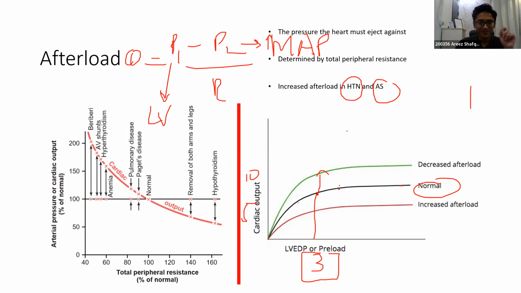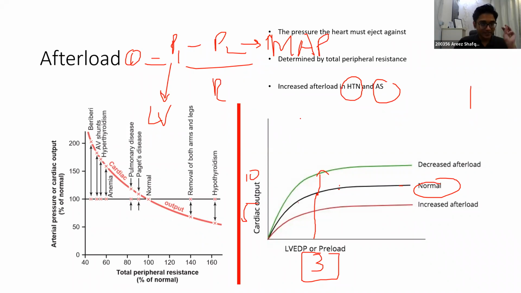But right now, I need you to understand that stroke volume is an indicator of systolic function, and that preload, contractility, and afterload influence stroke volume. Preload influences stroke volume by the Frank-Starling mechanism. Contractility increases or decreases cardiac output at the same preload.